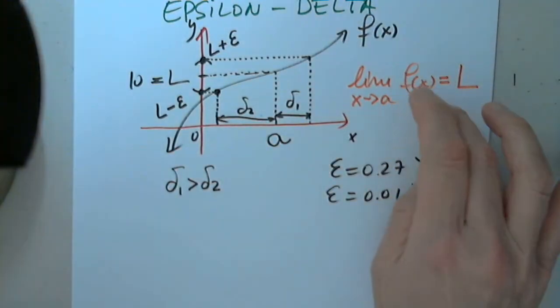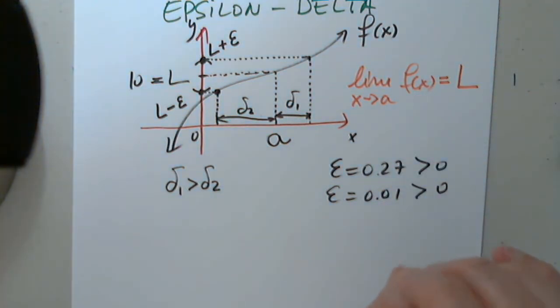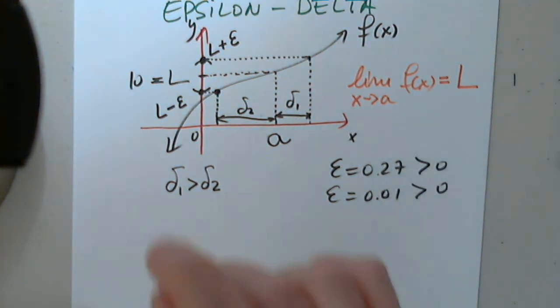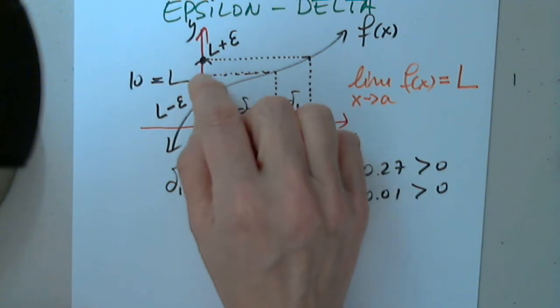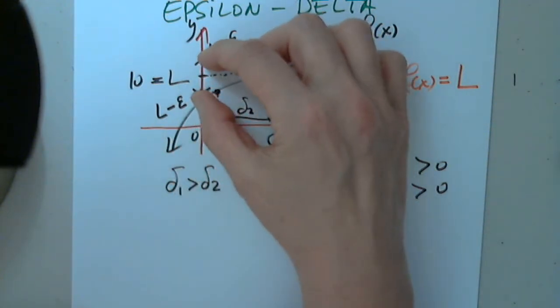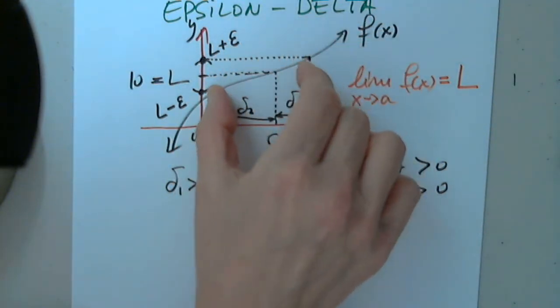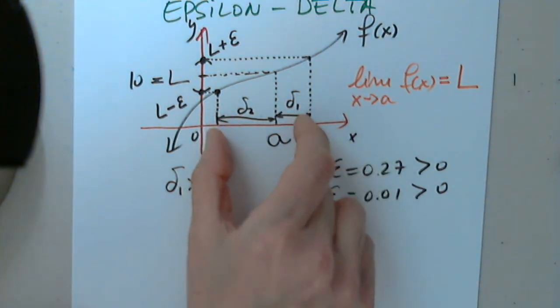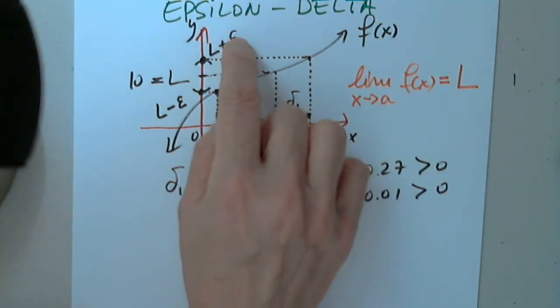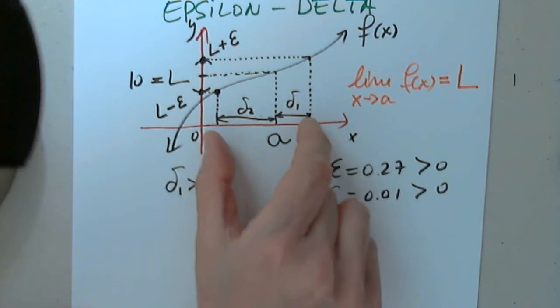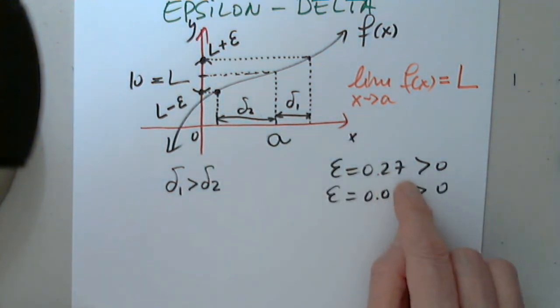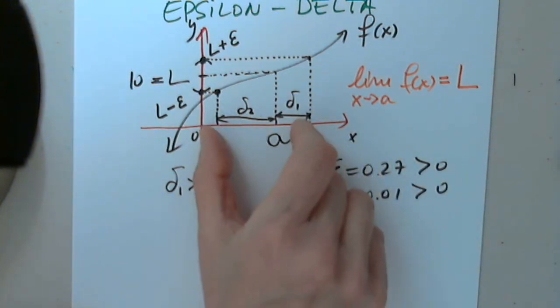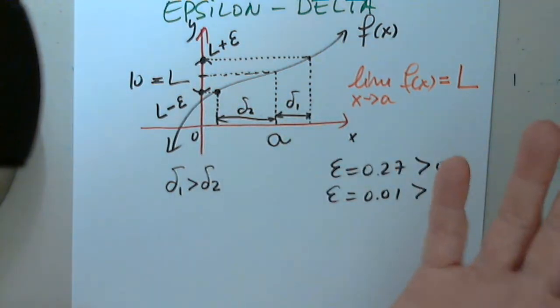So the limit exists automatically says that if I choose an epsilon near L, for each epsilon, I will have to find a corresponding delta. If epsilon is 0.27, I will get a delta that is 0.1, potentially.